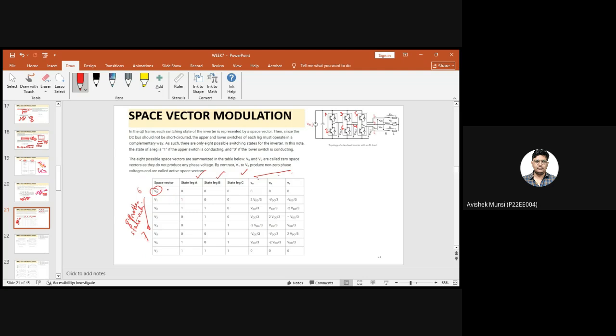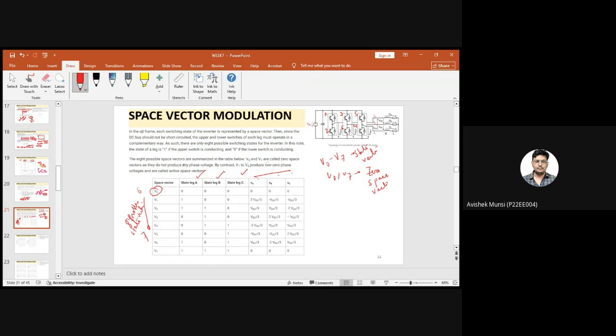So these V0 to V7 are called by different names. These are all state vectors. V0 and V7 are called zero space vectors. Why?